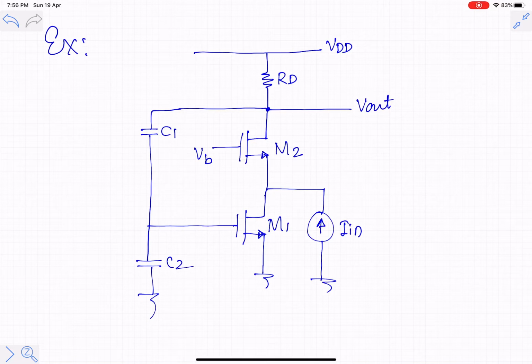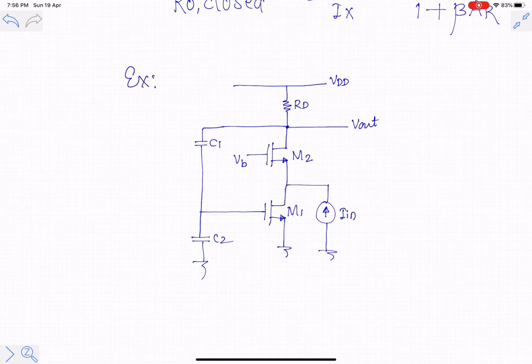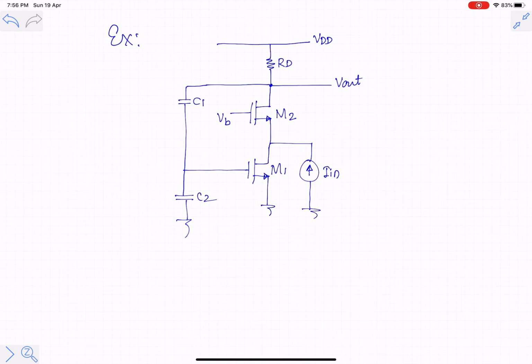So you can see that the input quantity is a current, the output quantity is a voltage. So for a feedforward amplifier, the gain will have the unit of impedance or a resistance. Now in this case, as we have done in other ideal cases, we are going to assume that at low frequencies this current is 0, so there is no loading effect.